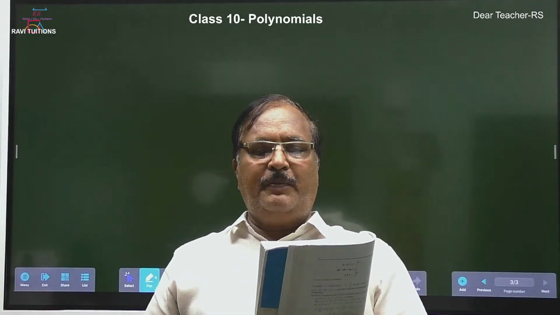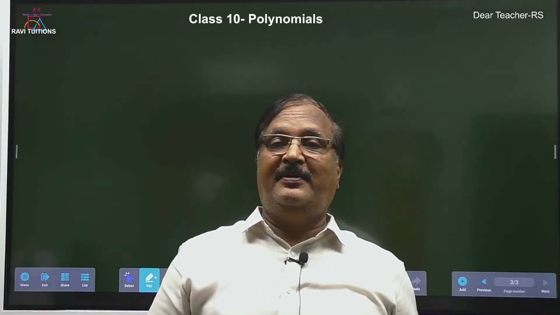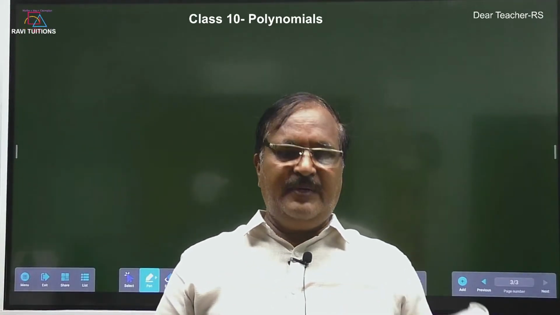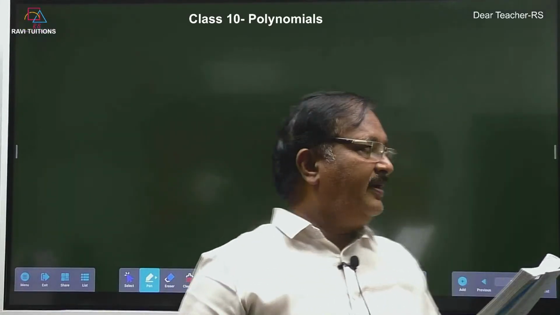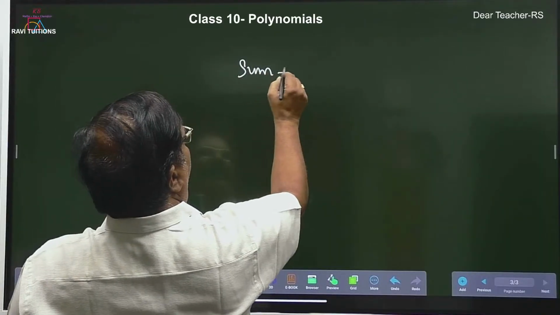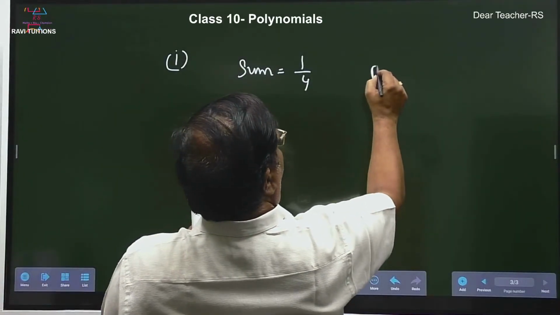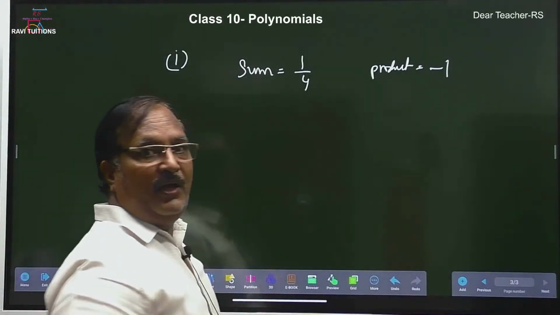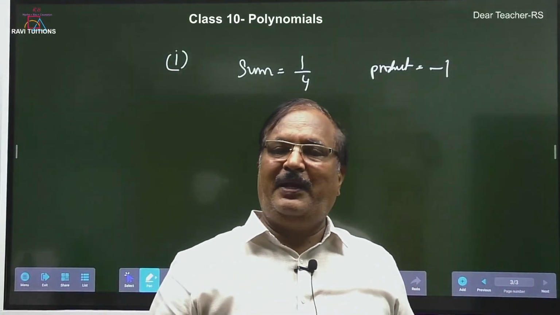Find the quadratic polynomial each with given numbers as sum and product. Many students will get confused in this. In this they take it like zeroes, but this is not zero. So I am doing the first problem. Sum is equal to 1/4 and product is equal to -1. Now you have to find out the quadratic polynomial. Very important question.